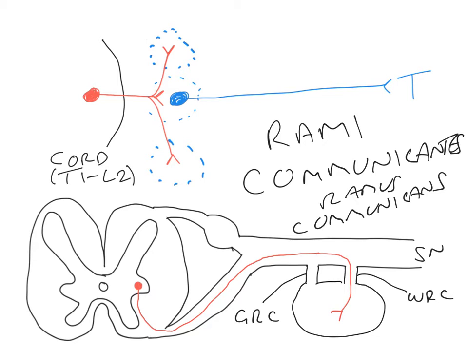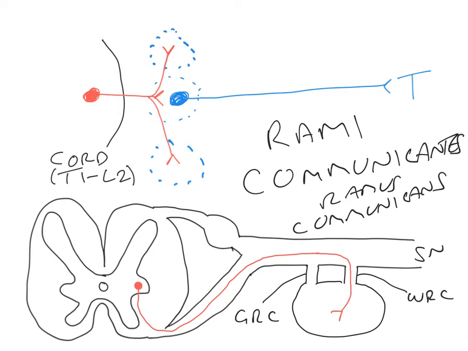So, to summarise, the cell body of the sympathetic preganglionic is in the lateral horn. It sends its axon through the ventral root into the spinal nerve, and it then enters the sympathetic ganglion through the white ramus communicans. You should note that the white ramus is sitting distal compared to the grey ramus. So this circuit's going to do a kind of loop-the-loop.